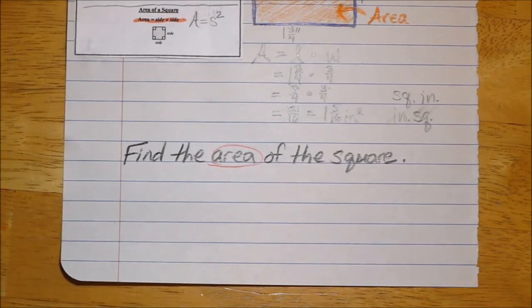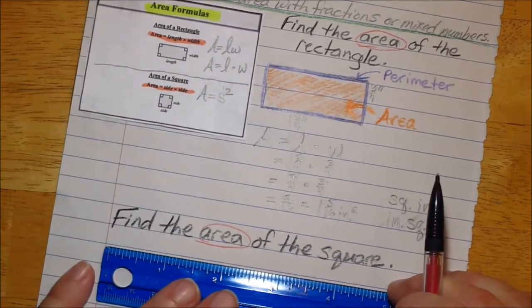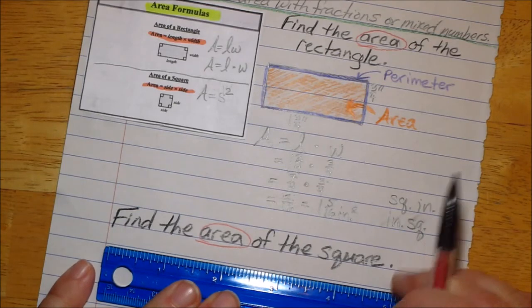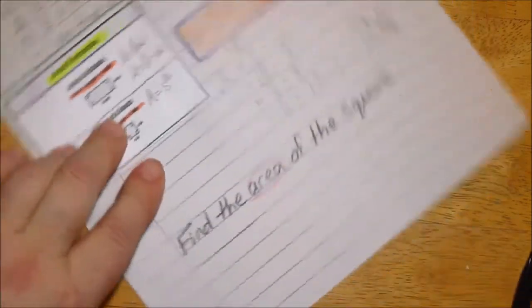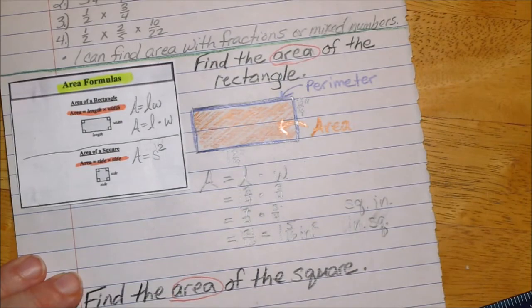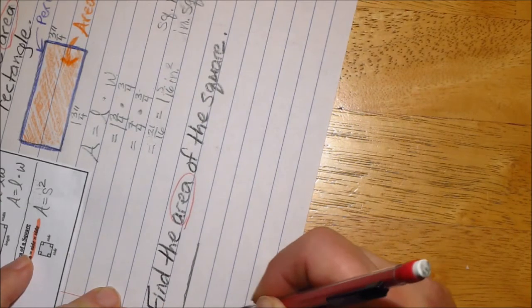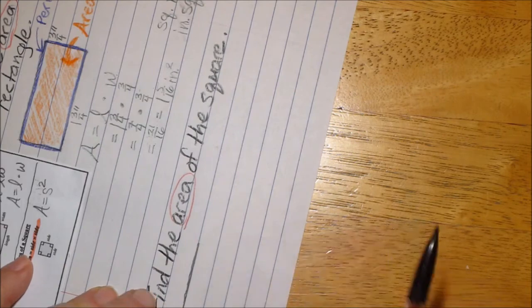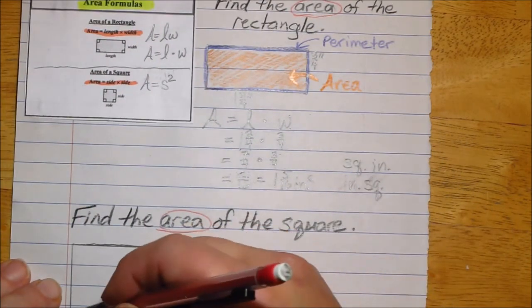Okay, so just like before, I need to get my ruler out and draw myself a square here. See, I'll make it as square as I possibly can. And my square this time is going to be 1 1/4 inches. Oh, it's kind of hard to see that right on the line, isn't it? 1 1/4.